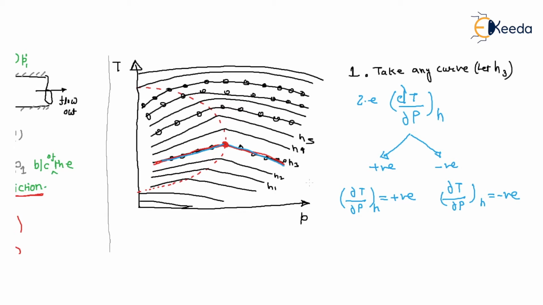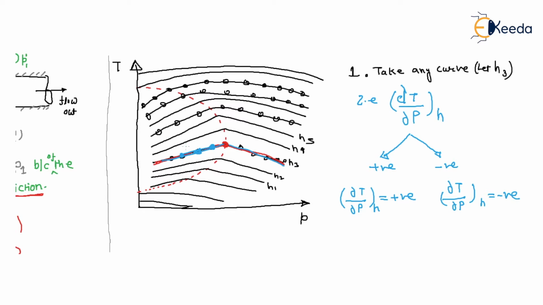in the throttling process, pressure will always reduce. If you have a point here and you reduce the pressure, where the slope is positive, then the temperature also reduces, right?